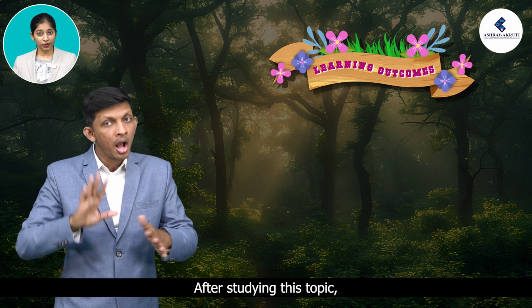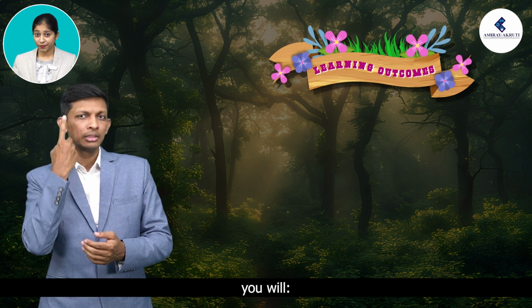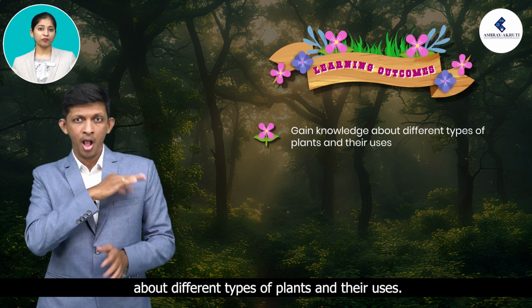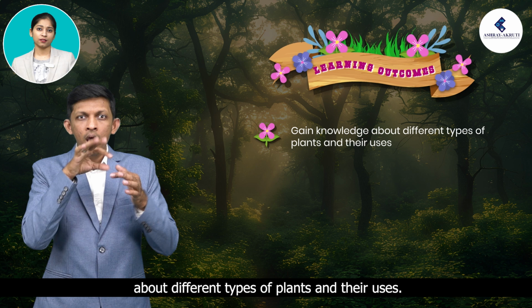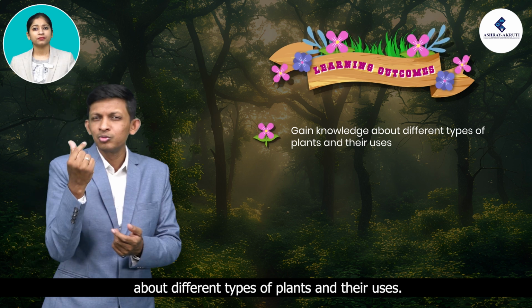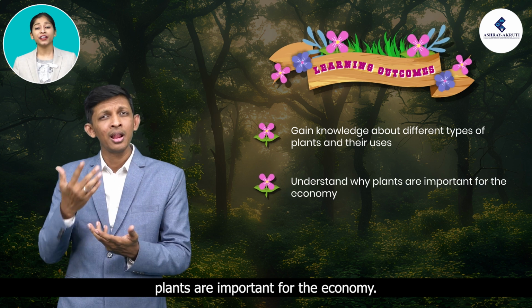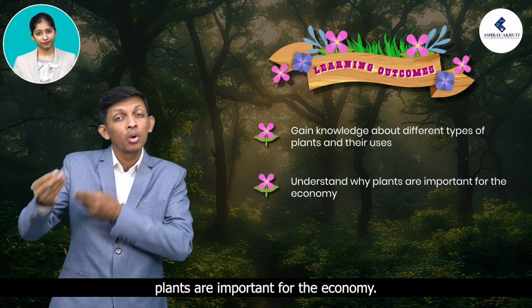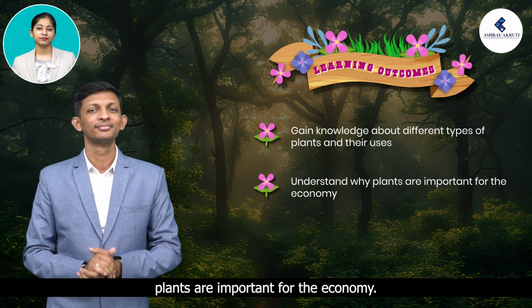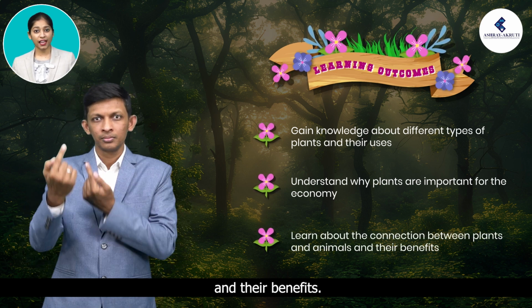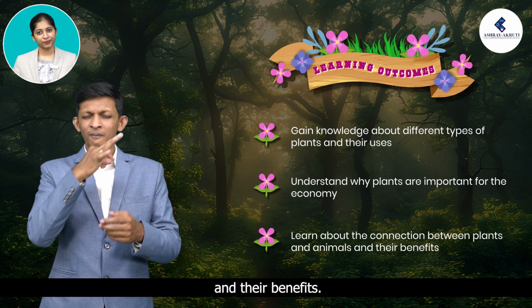After studying this topic, you will gain knowledge about different types of plants and their uses, understand why plants are important for the economy, and learn about the connection between plants and animals and their benefits.